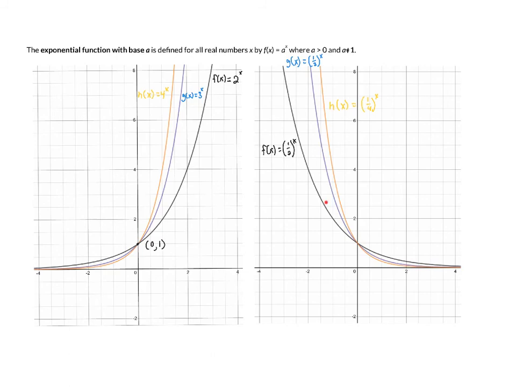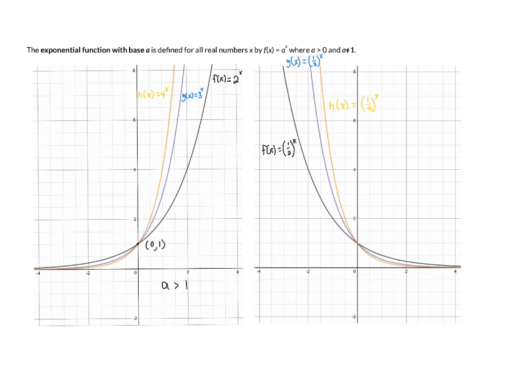And when we raise a fraction to a negative exponent, to make the exponent positive, we flip the fraction, and so these then become integers, and they are raised to higher and higher powers. So in general, if the base a is greater than 1, the graph is going to look something like this, going up to the right and down to the left.